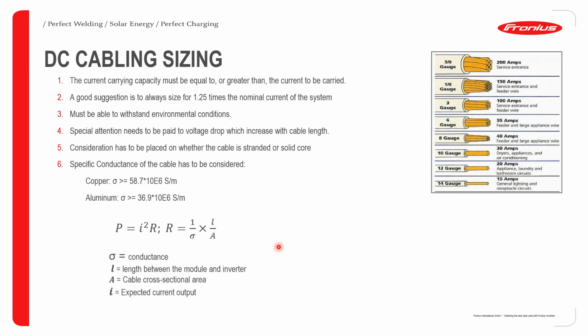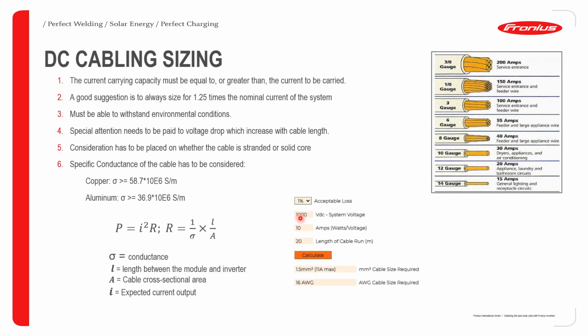So going forward, if you plug it into any power loss calculator, by also inputting the acceptable loss, this will eventually give you the result. Please ensure that the acceptable loss is as minimal as possible, probably 1 or 2%.